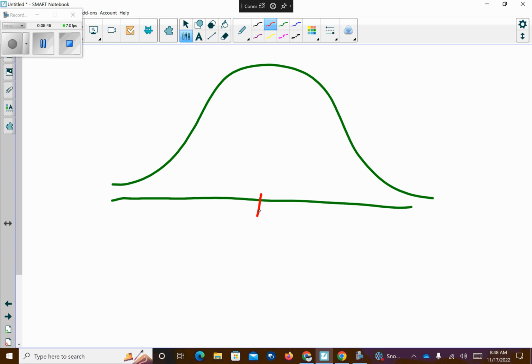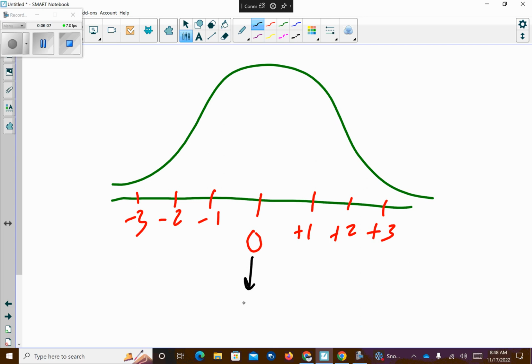Cool. So this is normally going to be 0. And then if we go +1, +2, +3, those are the standard deviations to the right, and to the left. Okay. Now, this is just general.